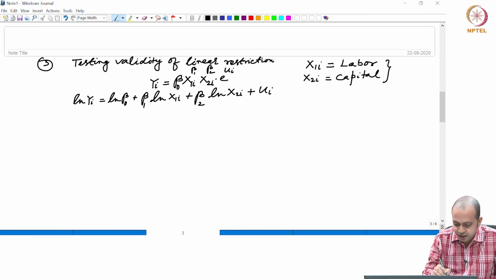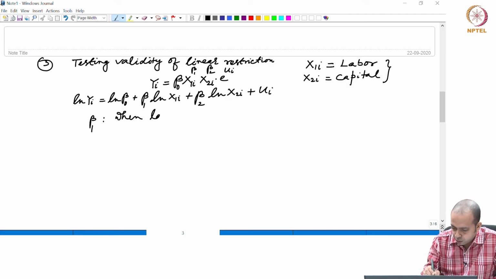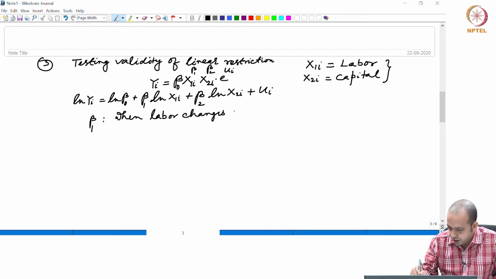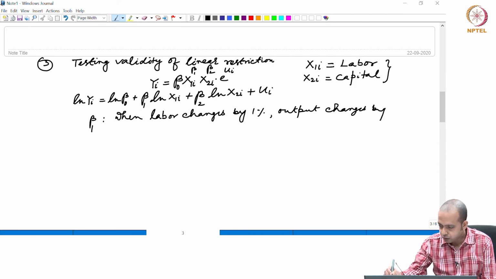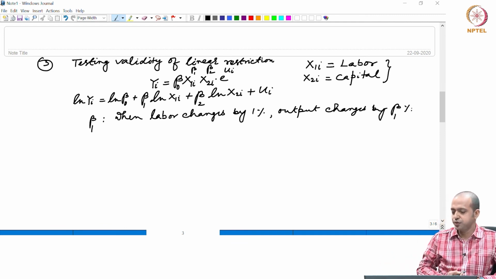Okay. So, that means I can interpret beta 1 as, when labor changes by 1%, then output changes by beta 1%, direct elasticity measure.